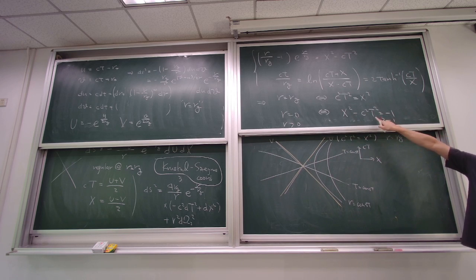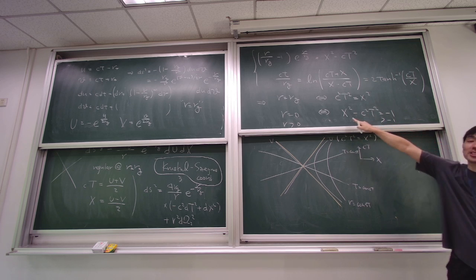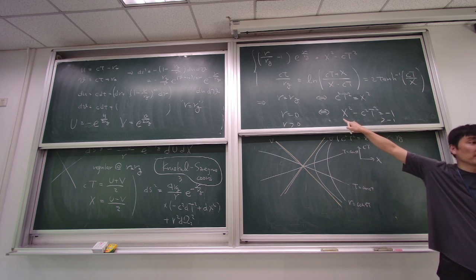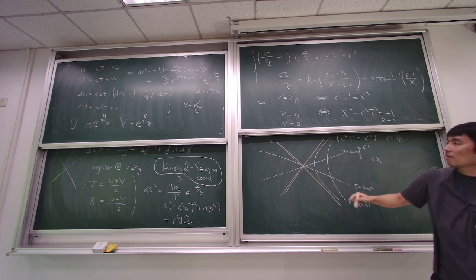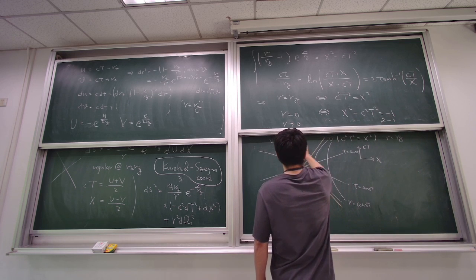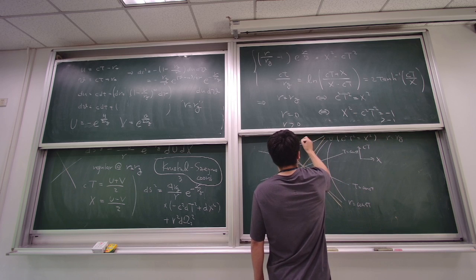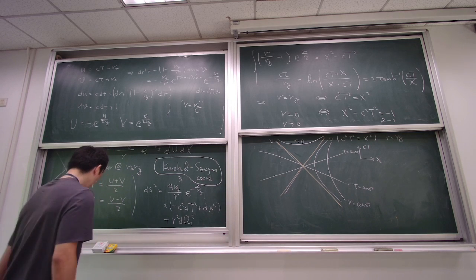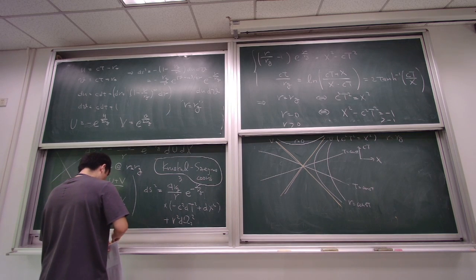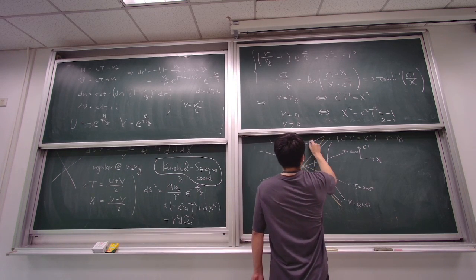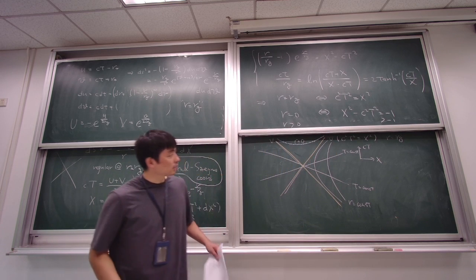So therefore c squared t squared must win over x squared. Do you understand what I mean? The right hand side has to be negative, so ct has to be bigger than x, so it has to be in this region, and the line should be something like this. So this is r equal to 0. And here, as I mentioned, the curvature goes to infinity, so it's a true singularity, r equal to 0.